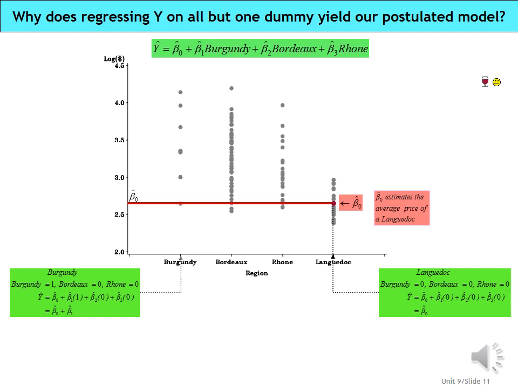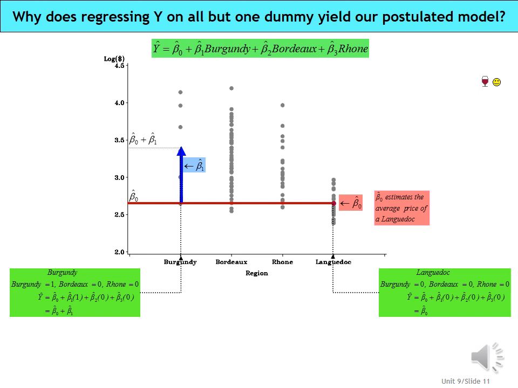The beta 1 is not going to give the mean of the Burgundy. Beta 0 gave the mean of Languedoc, but beta 1 didn't give the mean for Burgundy. Beta 1 plus beta 0 gave the Burgundy.